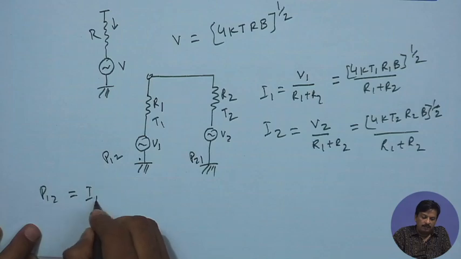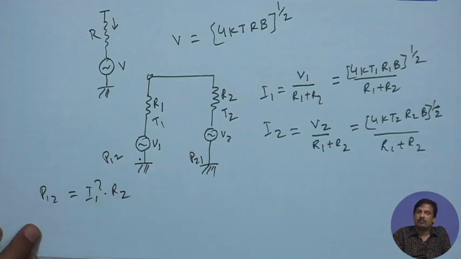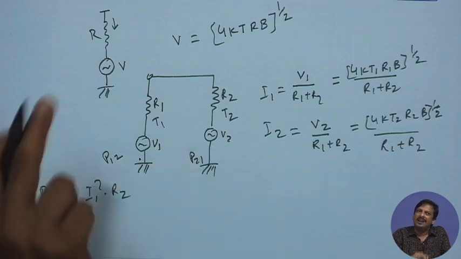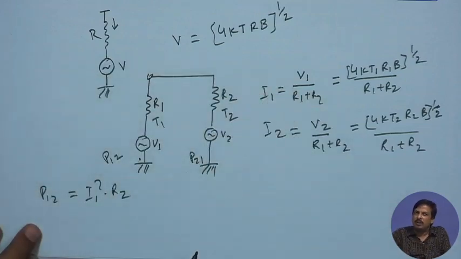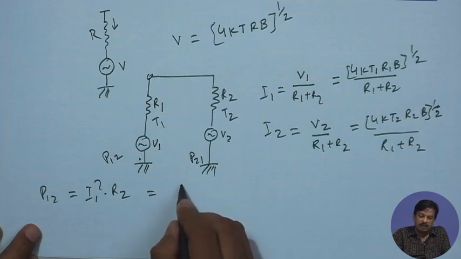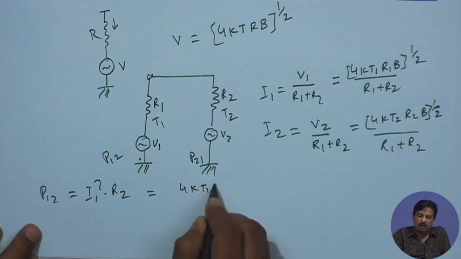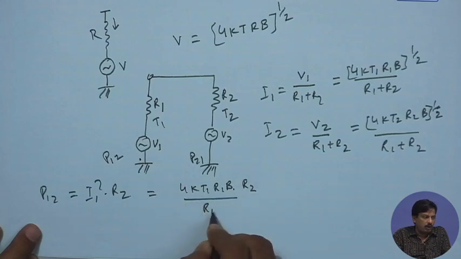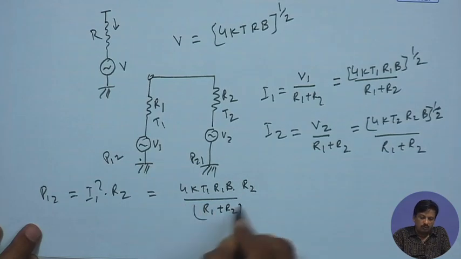I1 square into R2. The current I1 will be flowing through R2 and that noise power will be delivered. So it is nothing but I1 square into R2. What is I1 square? It is nothing but 4k T1 R1 B into R2 divided by R1 plus R2 whole square.